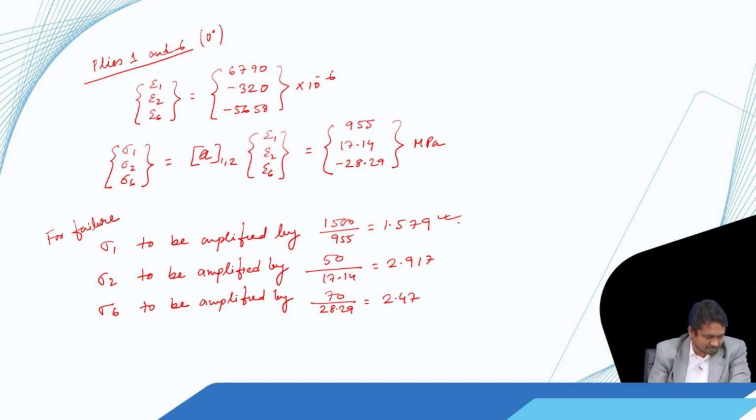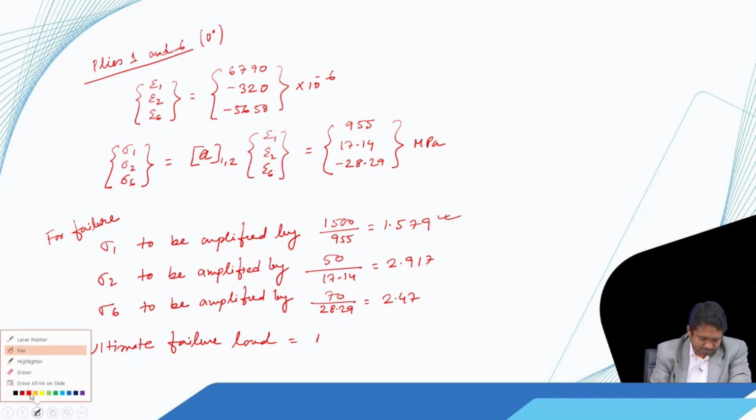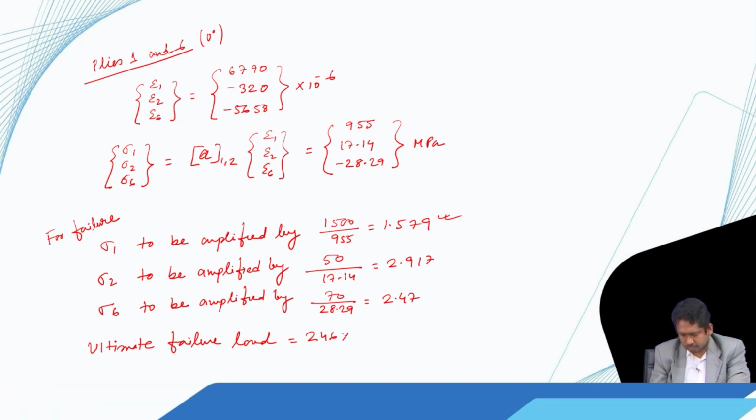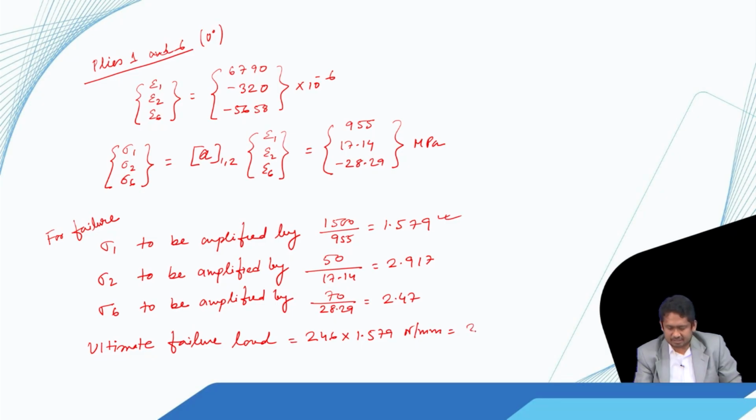That means the ultimate failure load is whatever we have, 246 multiplied by 1.579 Newton per millimeter, and that gives me a value of 388 Newton per millimeter.